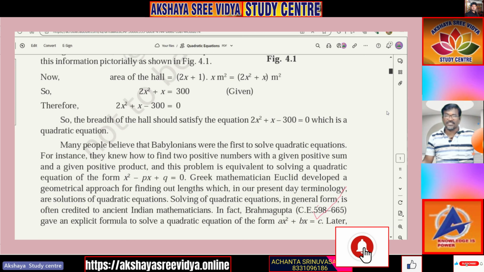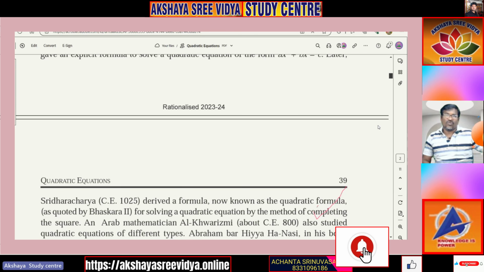Sridharacharya, century 1025, derived a formula, now known as the quadratic formula, as quoted by Bhaskara, for solving a quadratic equation by the method of completing the square. An Arab mathematician, Al-Khwarizmi, about century 800, also studied quadratic equations of different types.